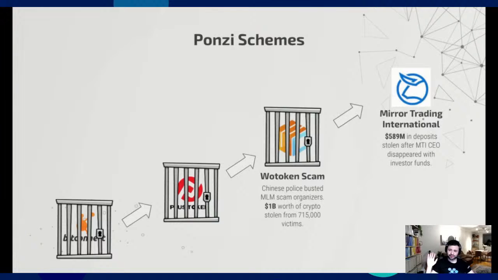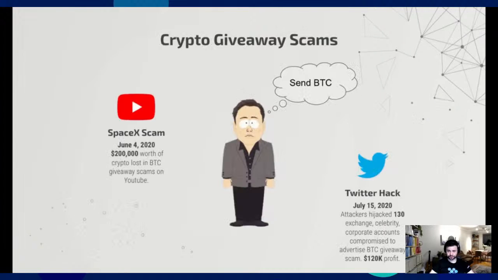Previously I talked about the WO token scam, that was $1 billion. Right now there's Mirror Trading International out of South Africa, that's almost $600 million. Before it was Plus Token, that was in the billions, and BitConnect, and on and on. These tend to pop up constantly and result in billions of dollars worth of loss to users.